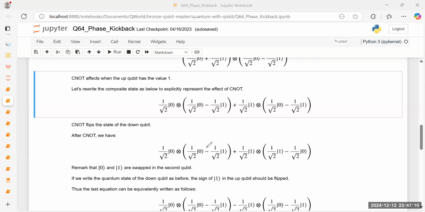But here, because we have 1 as a control, we're meant to apply a not operator to the minus state. If we apply a not operator here, 0 becomes 1, and 1 becomes 0.